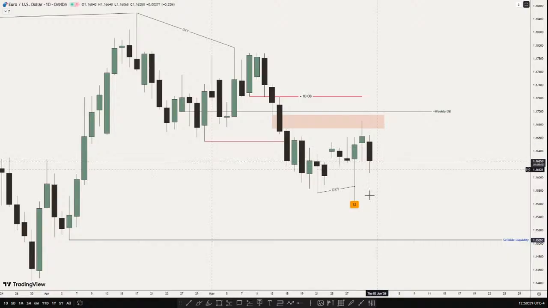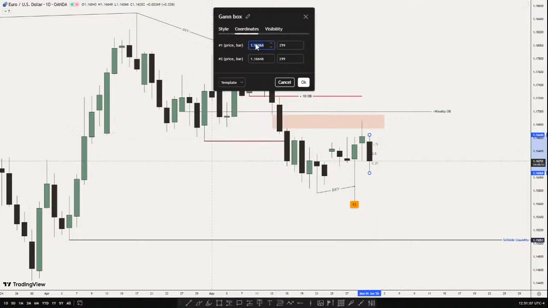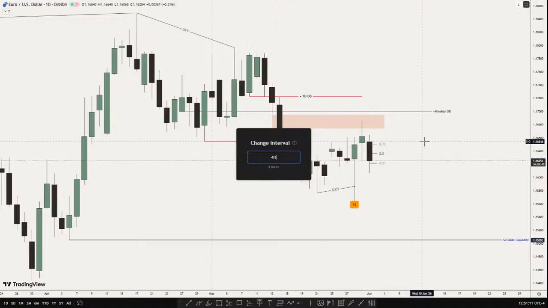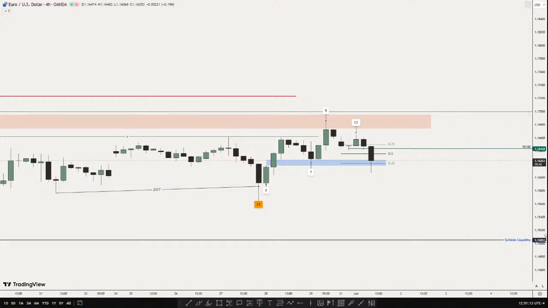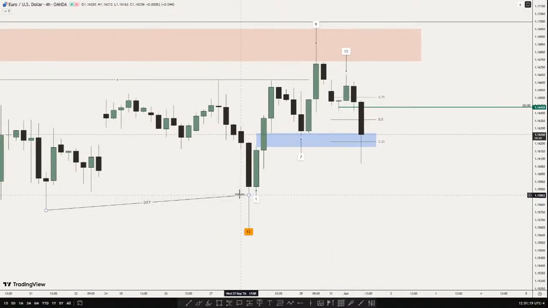So I would expect price to clear its upper wick and below the 50% and move towards these lows here.